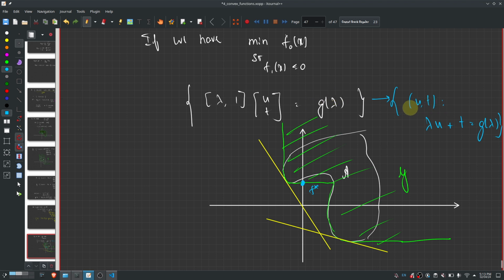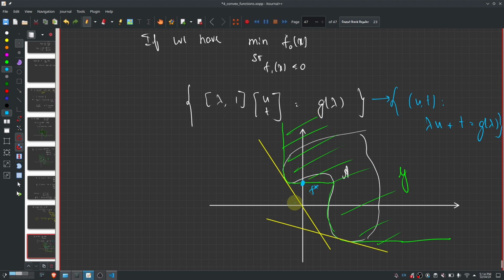And for that, the supporting hyperplane will always have this particular form. And for that, the y-intercept will basically be equal to g of lambda, right? So the Lagrange dual function just gives you the y-intercept.